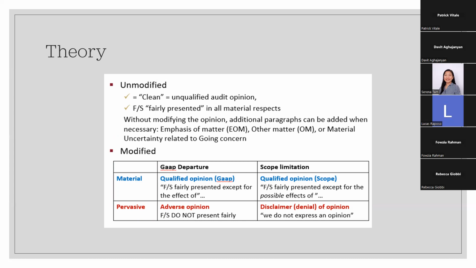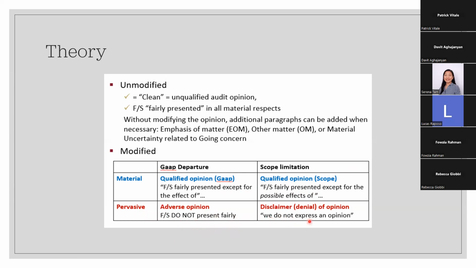In this case, you would maybe go over to management, talk to them, and see what's going on. If it's pervasive, it's big, then you have an adverse opinion, like the FS do not present fairly.